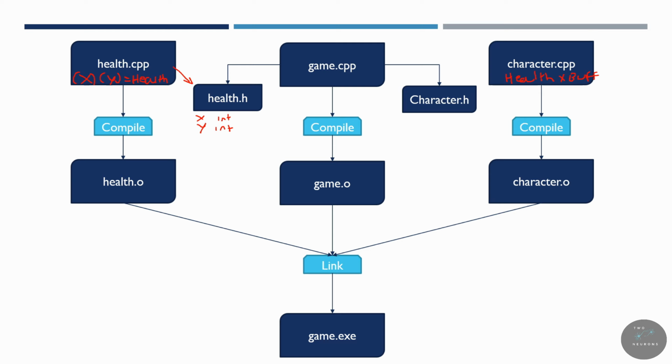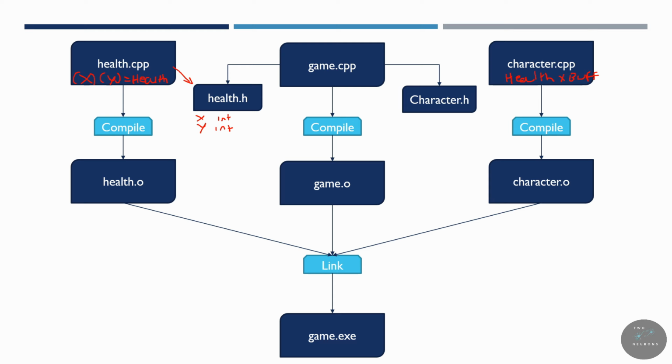Well, we need the entire game to recognize both the health CPP and the character CPP, so the character class and the health class. The way this works is just like with our iostream: in our main file, our main class, we declare our headers at the top to include health and character.